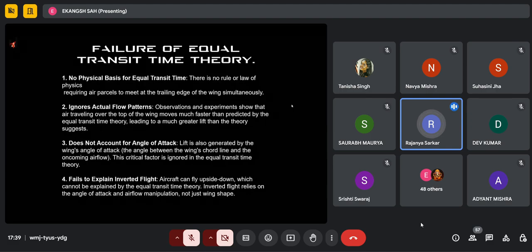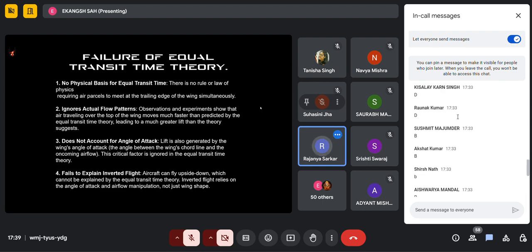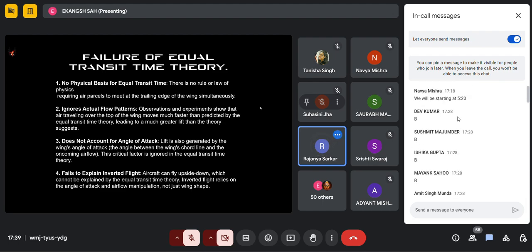In the further steps, when the lift was calculated experimentally, the actual lift was found to be much higher than the lift predicted by this theory. Further, the theory cannot explain the variation of lift with the angle of attack, which plays a very major role in the generation of lift.